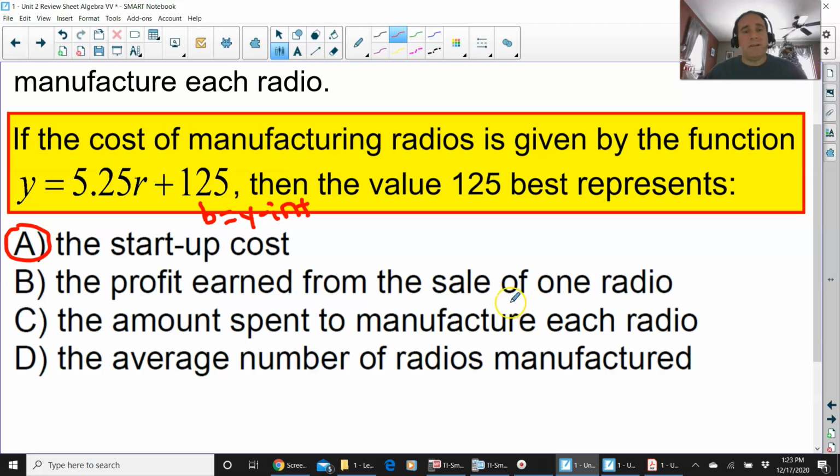Is it the profit earned from the sale of one radio? No, it's not even talking about profit. The amount spent to manufacture each radio, that's this. The average number of radios manufactured? No. All right, so we can cross those out. It's the startup cost. This is the initial value. Always the startup cost, the beginning cost, before even making one radio.